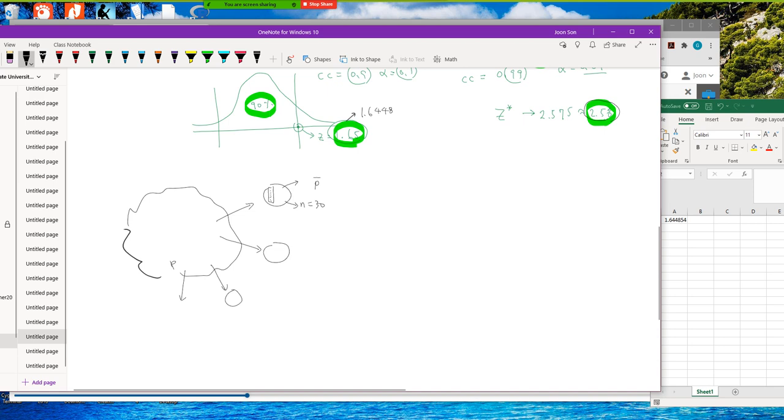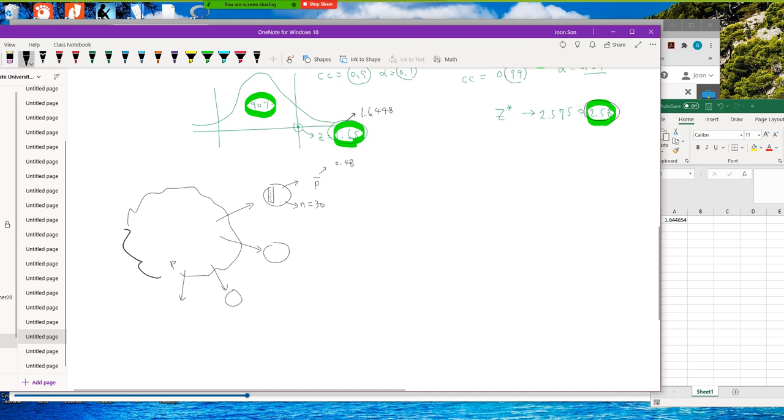Let's say today's election day. So for example, let's say from this sample, about 48% of voters support Donald Trump.